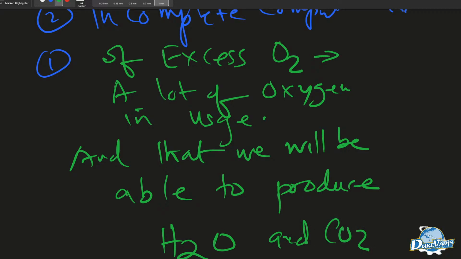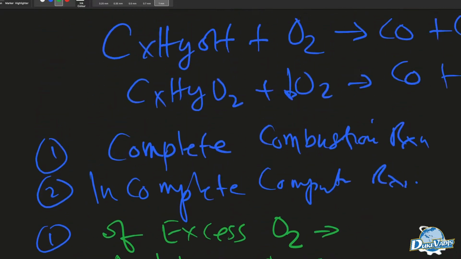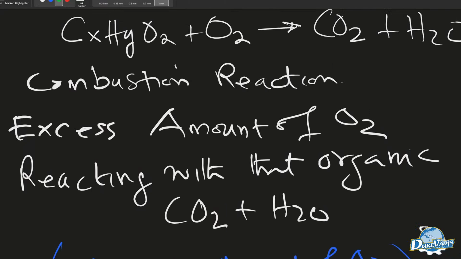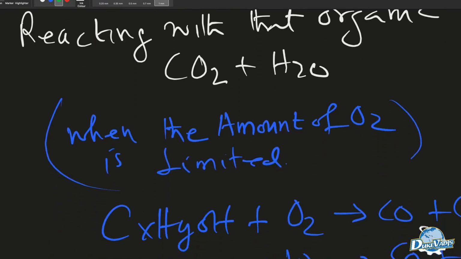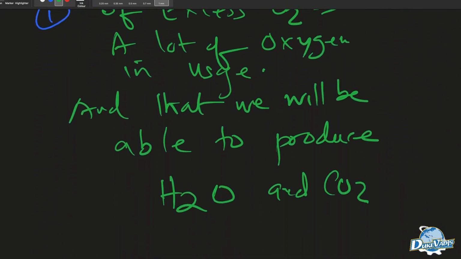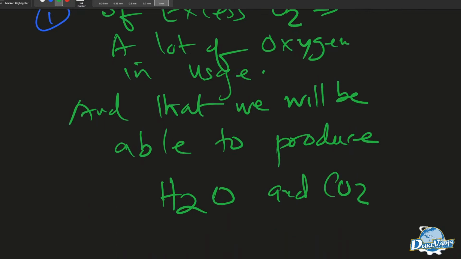But the other way round, if the amount of oxygen in the reaction is less, then the reaction will tend to be incomplete. And the incomplete combustion reaction will give us carbon monoxide.